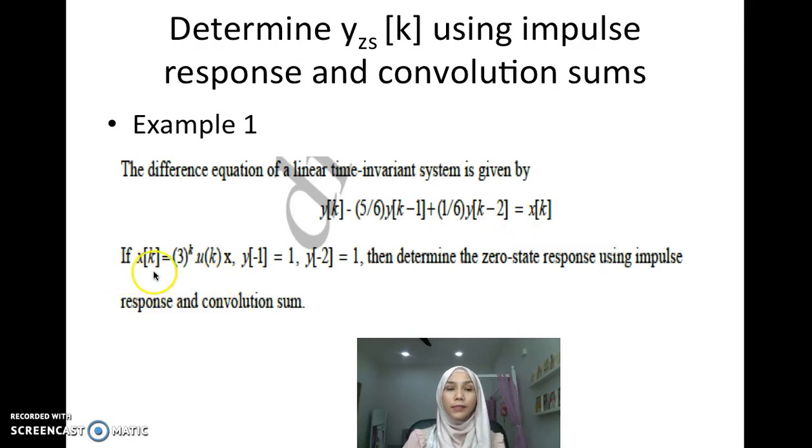The input x[k] is 3^k u[k], with y[-1] equals 1 and y[-2] equals 1. You need to determine the zero state response using impulse response and convolution sum. The question already stated that you need to find the zero state response using the convolution sum.